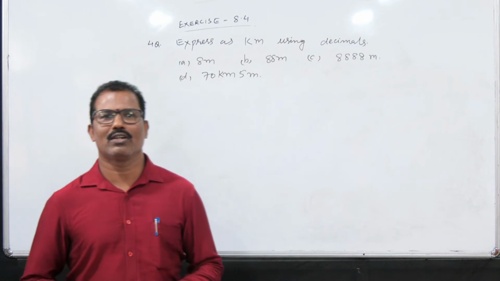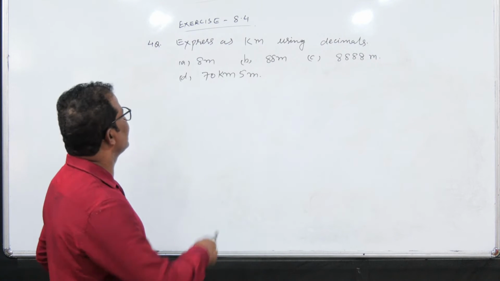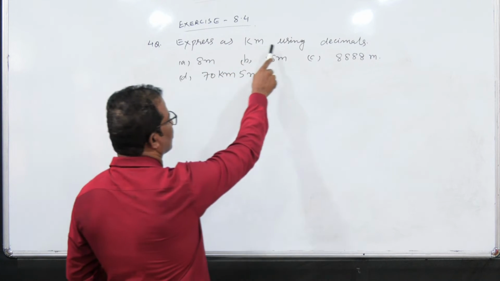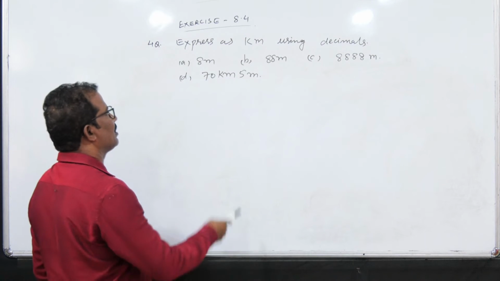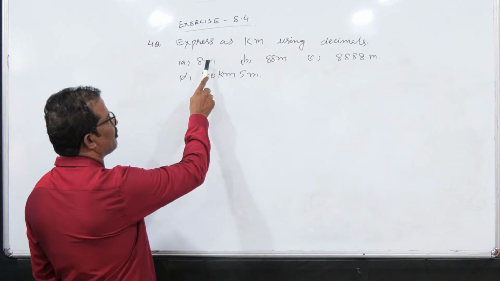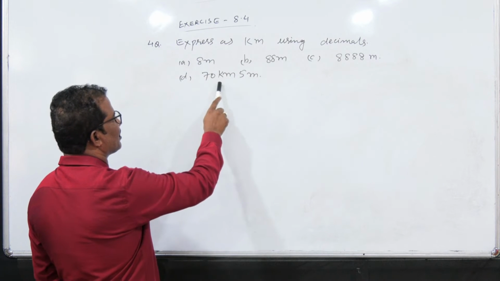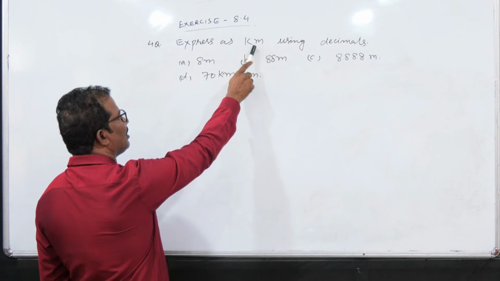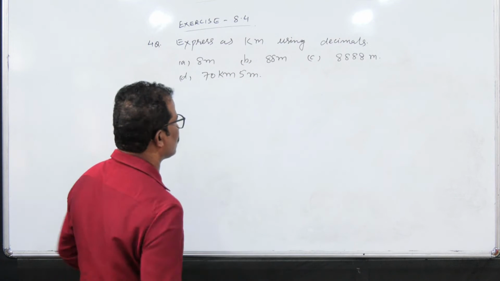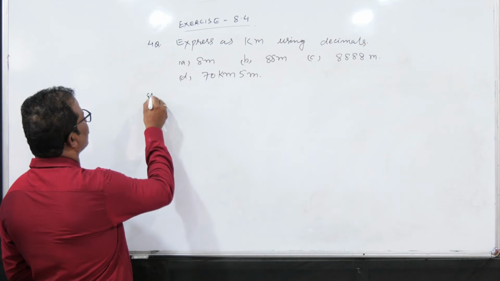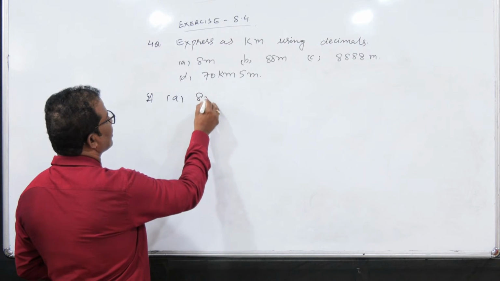Students, now we are going to see the fourth question of this exercise, that is express as kilometer using decimals. That means in the question C, the units are in meters as well as meters and kilometers, but we have to express into only kilometers using decimals only. So how is it, we can see now. The first question, that is 8 meters.